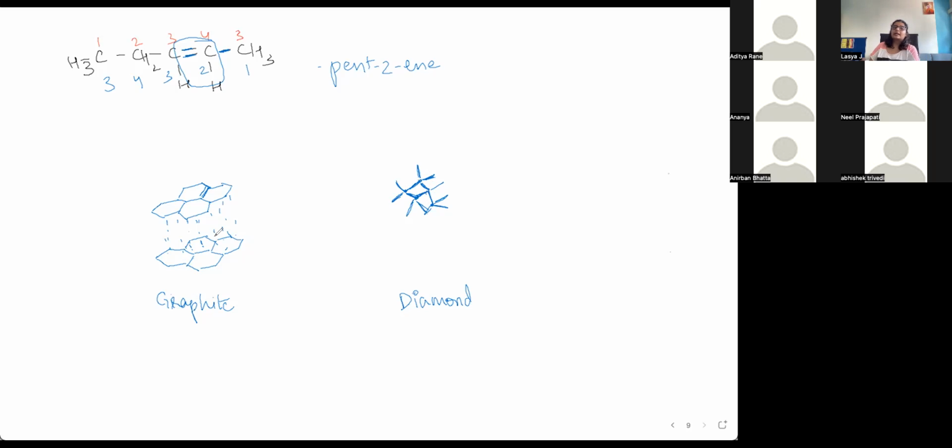Ananya is asking, can the structure for cyclohexane come? Cyclo compounds are just carbon atoms, and cyclohexane is just a hexagon. Cyclo means it's a closed structure, like it forms a polygon. It's not an open structure. So if you get cyclobutane, butane means 4 carbon atoms, and cyclo means all 4 of them form a closed structure.